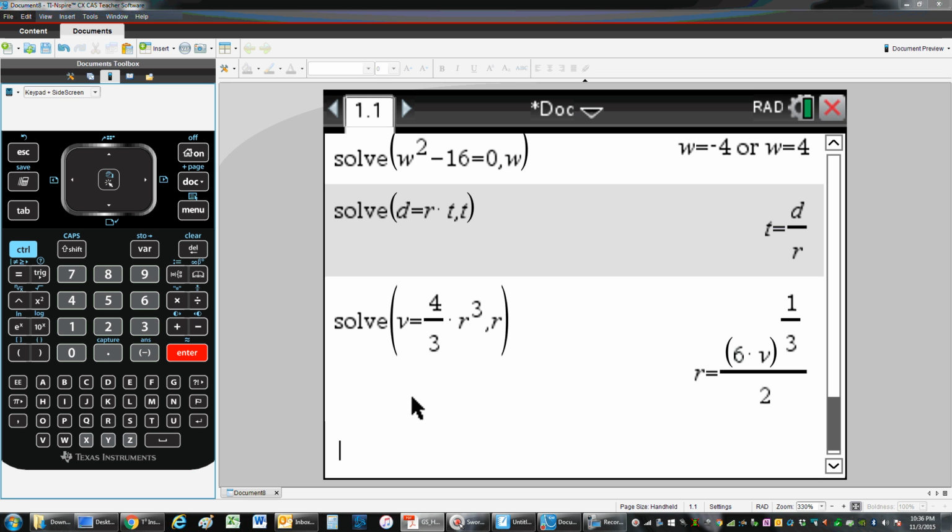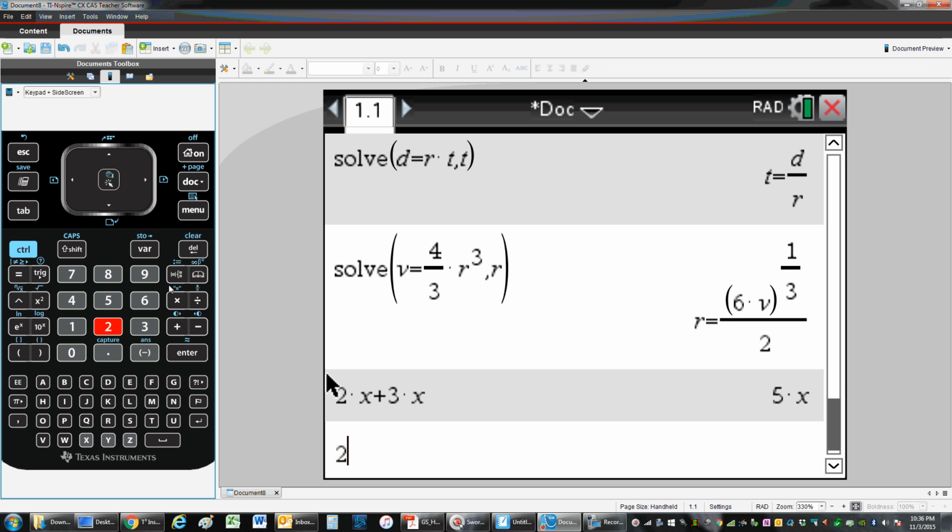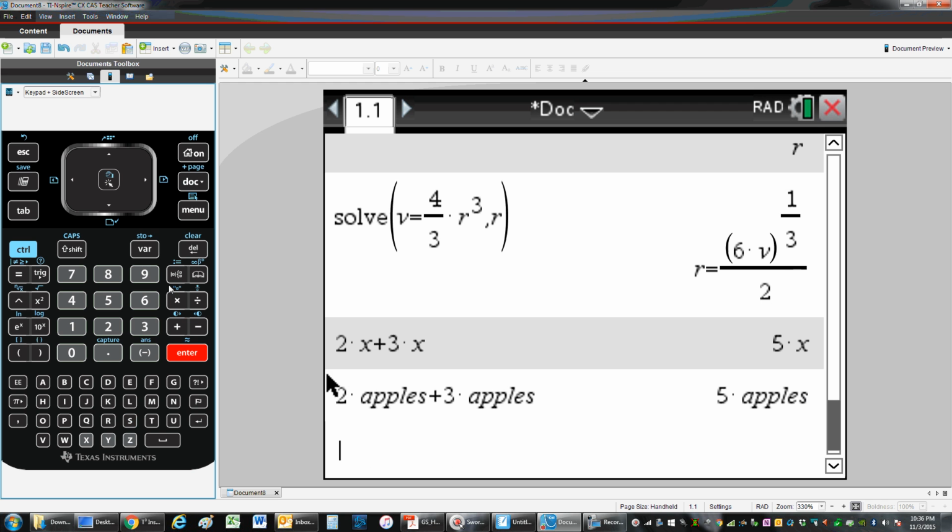I mentioned this a little bit earlier, you have to be careful how you type in your variables. If I did 2x plus 3x, it'll add them. If I did 2 apples plus 3 apples, it's not going to treat that as A times P times P times L times E times S. It thinks you just typed in a variable named apples.